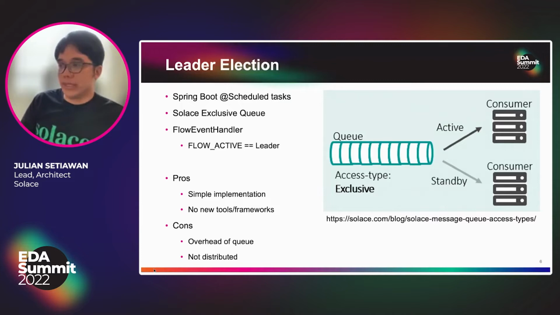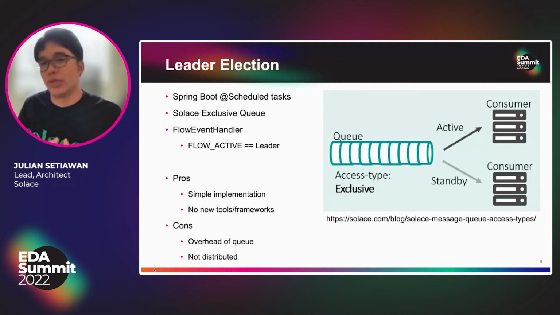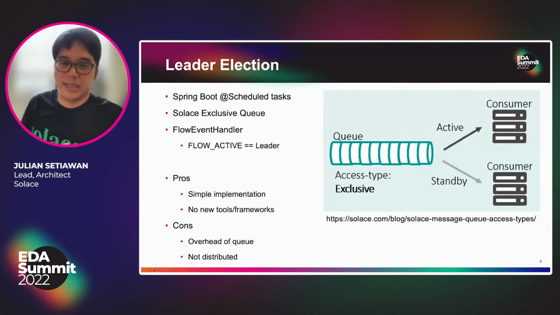What we liked about this was that it was a very simple implementation, and there were no new tools or frameworks. We reused everything that we already had. The downsides of it is that we do have this overhead of a queue. We have to create this queue that isn't really intended for any messages. It's almost seen as a side effect of a queue.